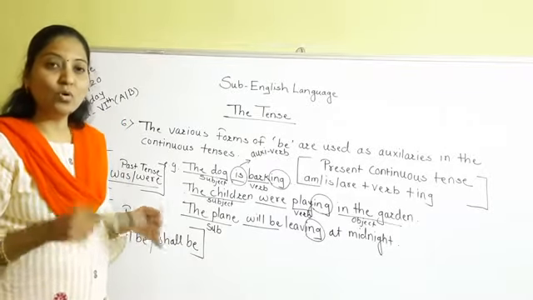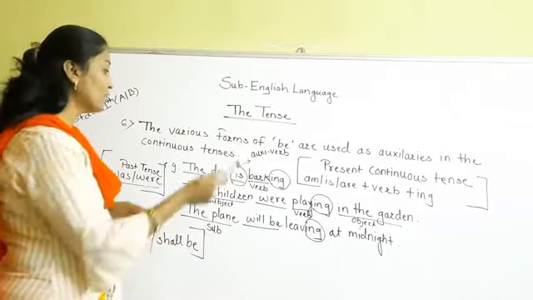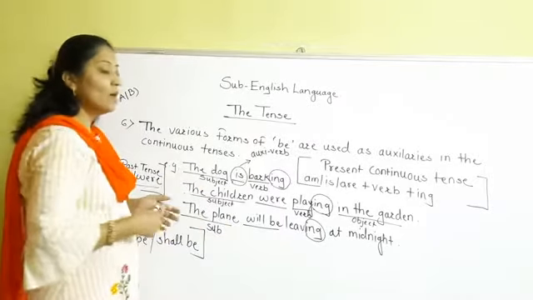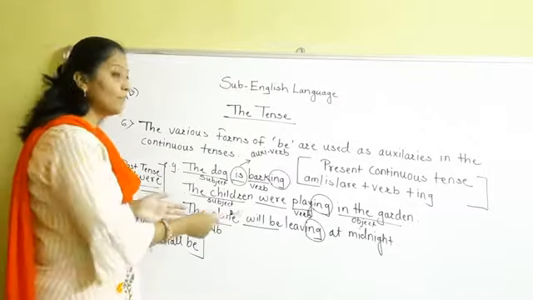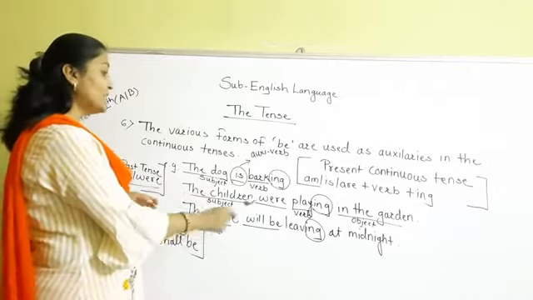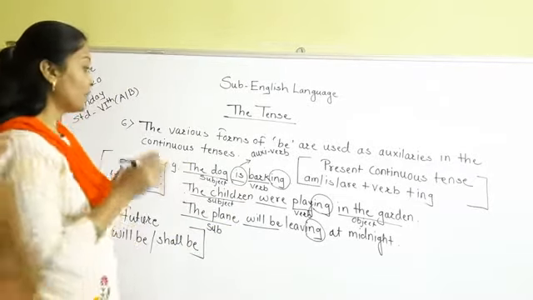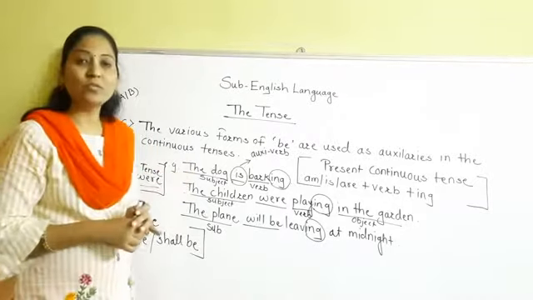But to know which type of tense it is, you have to look at the auxiliary verb, or helping verb, whether it is of present tense, past tense, or future tense. Then you will easily understand that the particular sentence is of future tense, past tense, or present tense.